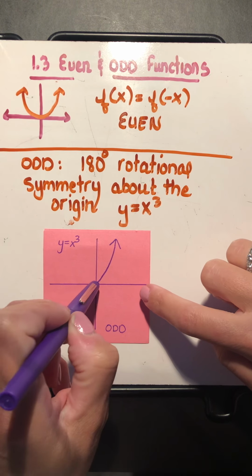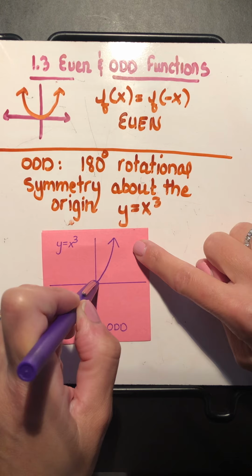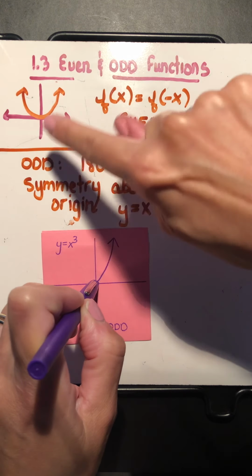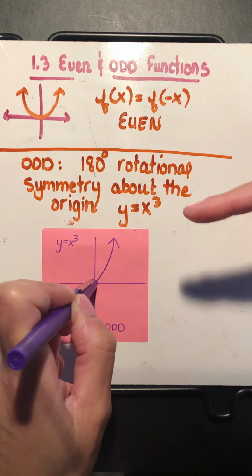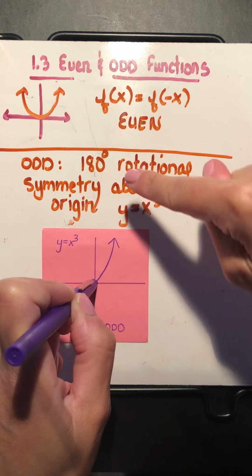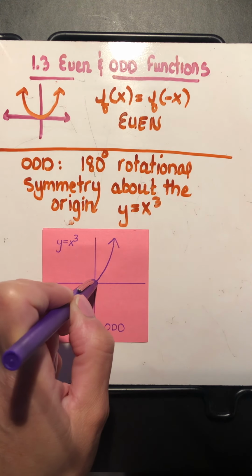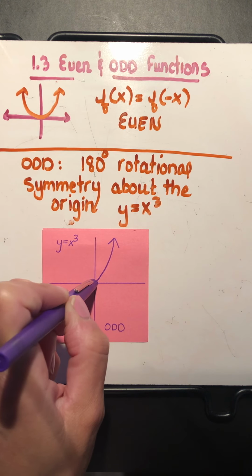So I'm going to pin the function to the origin and rotate the function 180 degrees. So that's a straight line worth of rotation. And you may remember from geometry how to rotate 180 degrees. If I can pin the function to the origin, rotate the function 180 degrees, and it looks exactly the same as when I started, it is an odd function.